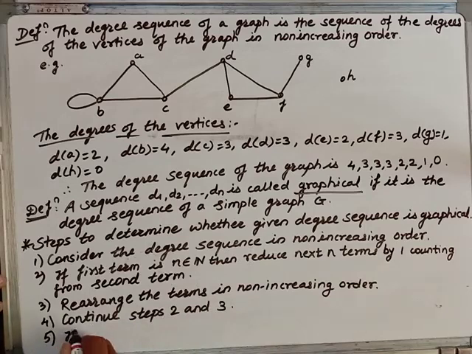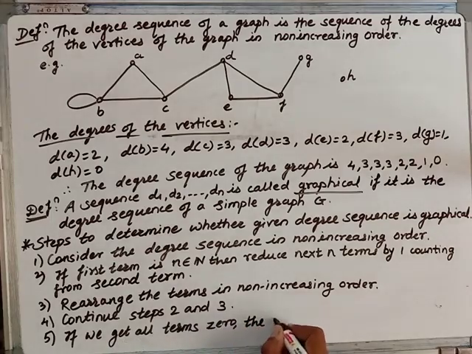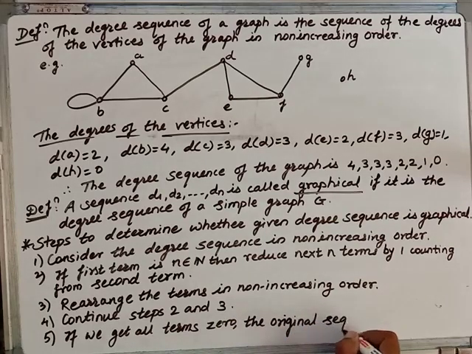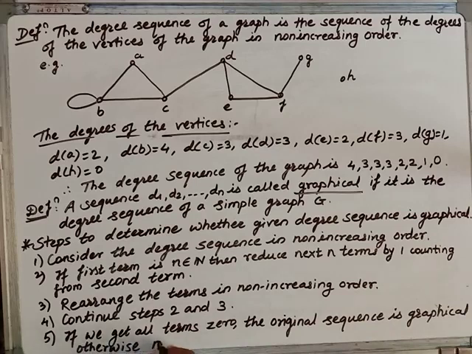Fifth, if we get all terms 0, the original sequence is graphical. Otherwise, not graphical.